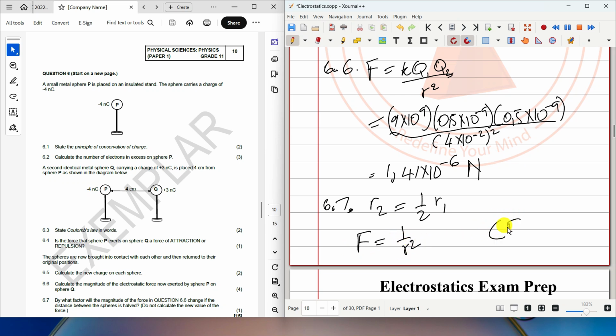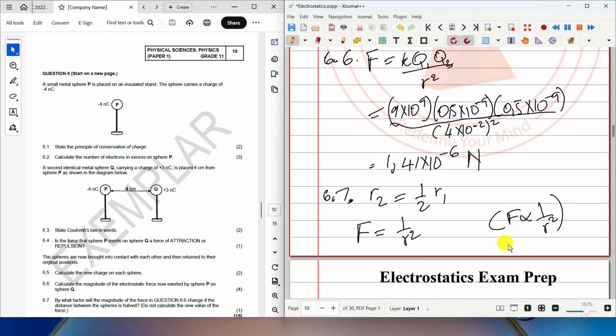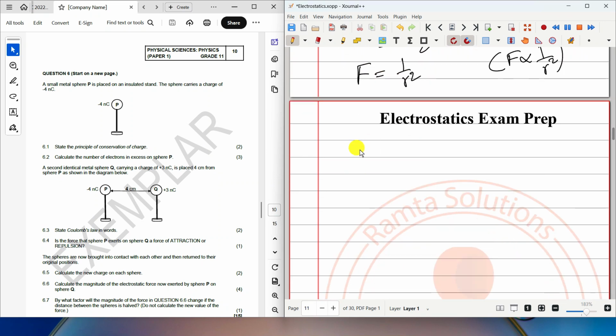Remember, this is because F is inversely proportional to the square of the distance between the objects. So now check this out. If it is halved, it will be 1 over 2 squared. Your calculator will tell you that this is 4, isn't it?